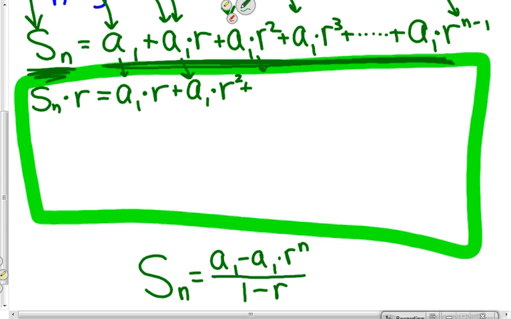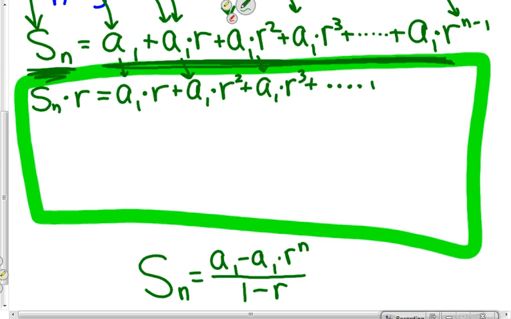This term would become A1 times R, which is R cubed. This one would be A1 times R to the fourth. I'm going to put some dots. That means that it continues, right? Each exponent is getting bumped up by 1.